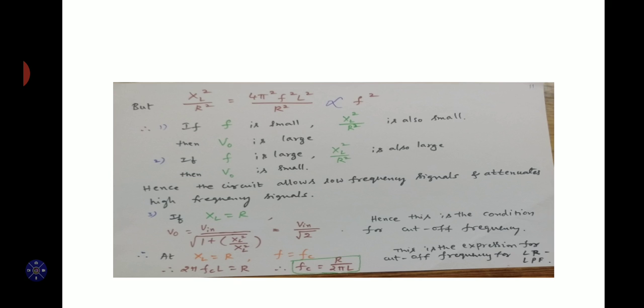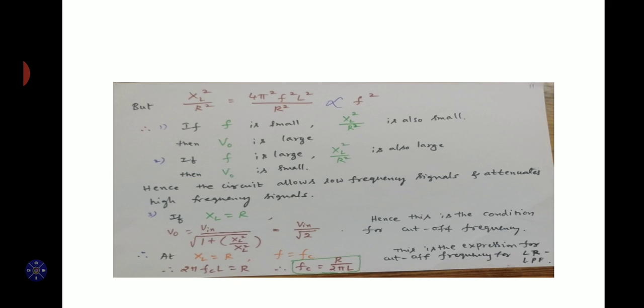Then V0 is large. That is, from equation 2, V0 is large for small values of XL square by R square.